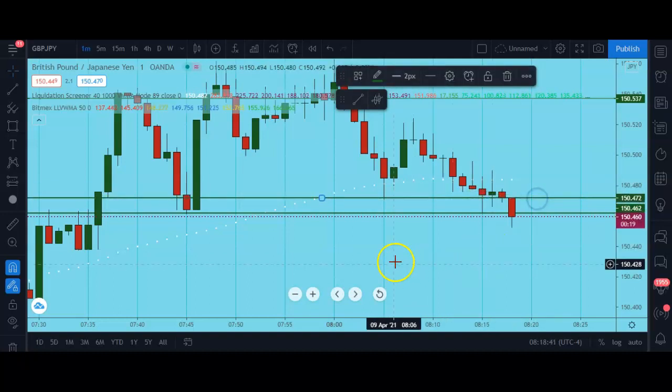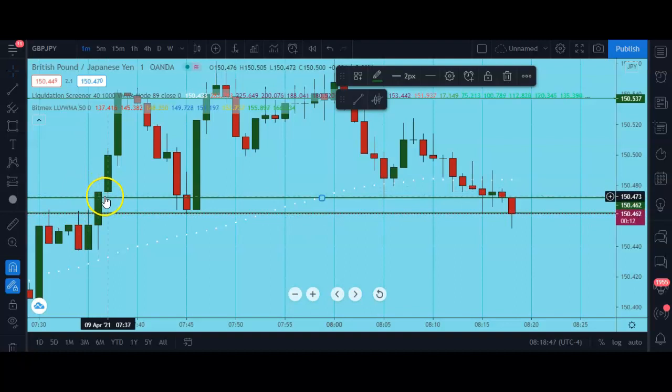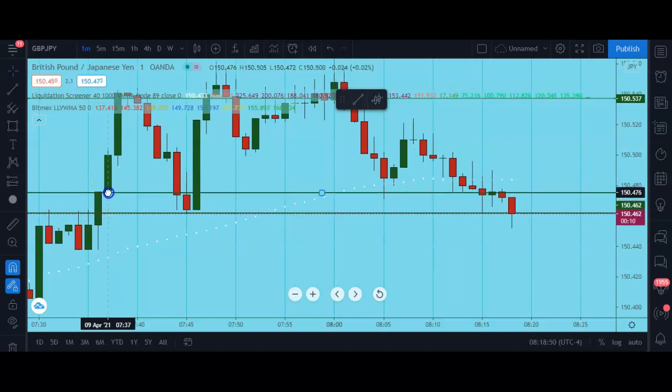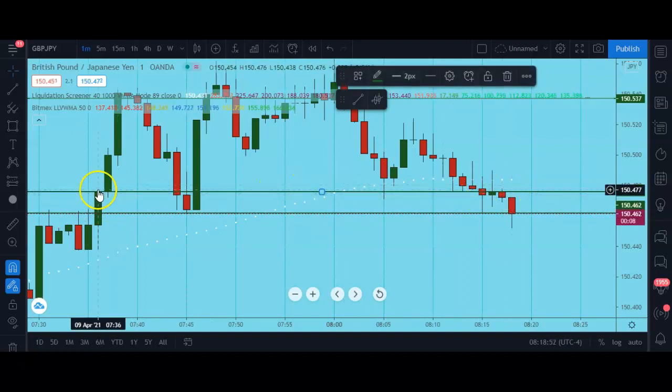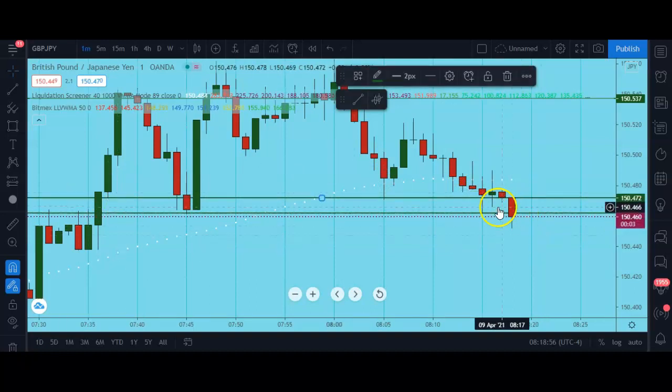Price closed right there. This is the resistance right here, and price closed below resistance. So that's where that next candle closed. So this was going to sell down.